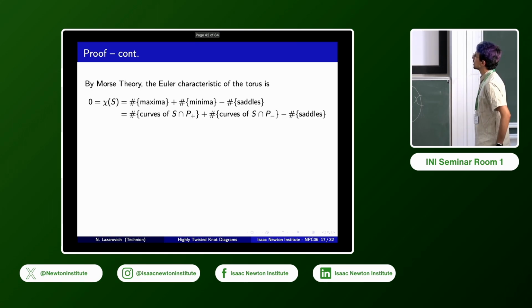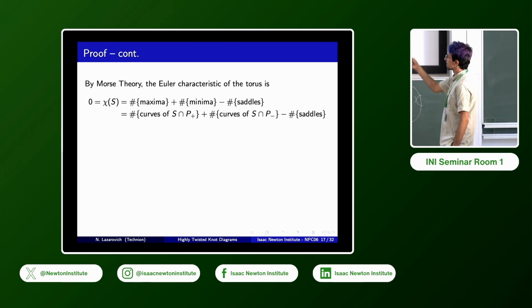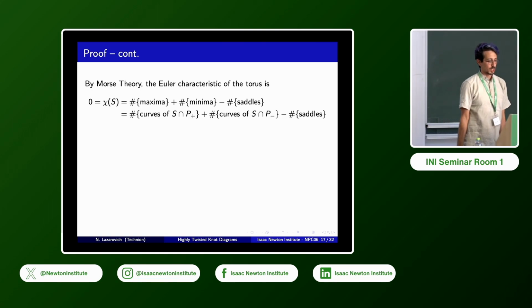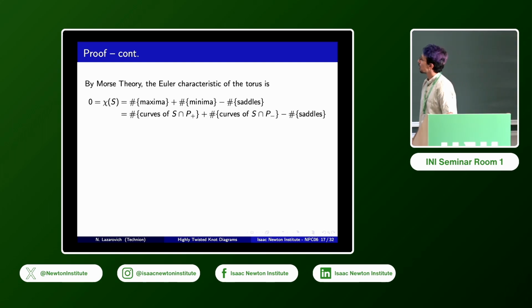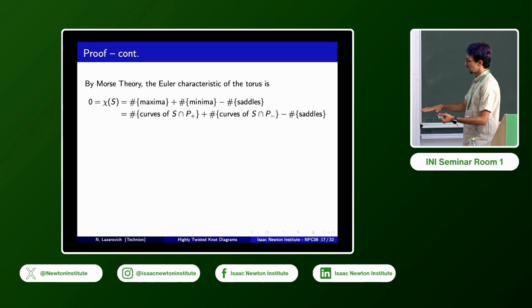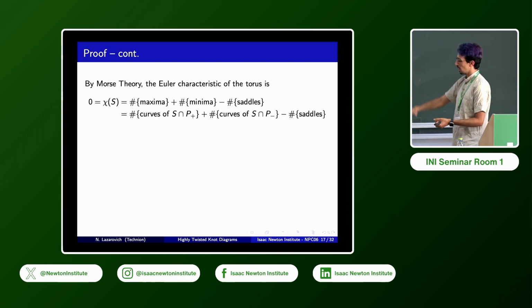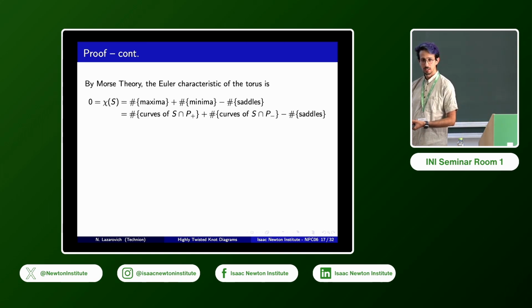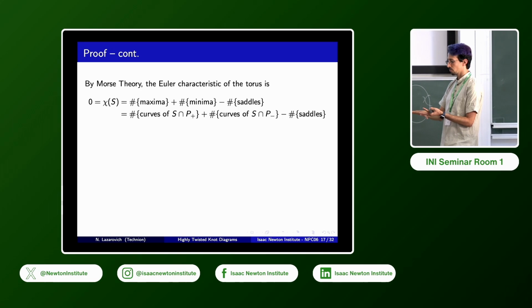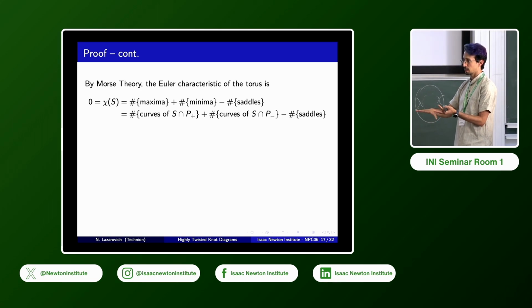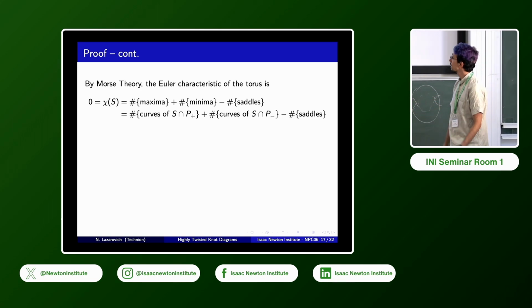Okay. So now, as I told you, let's compute the Euler characteristic. Think of the plane as giving me a height function with respect to the plane. This gives me a Morse function on the surface. We said that the intersection of the torus with each bubble gives me a saddle.